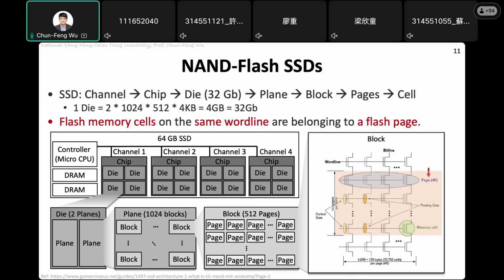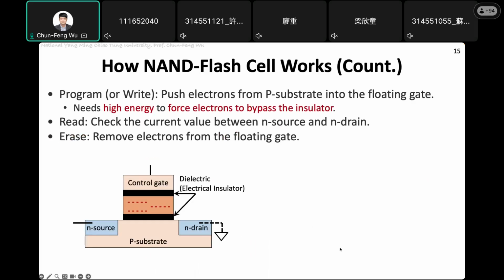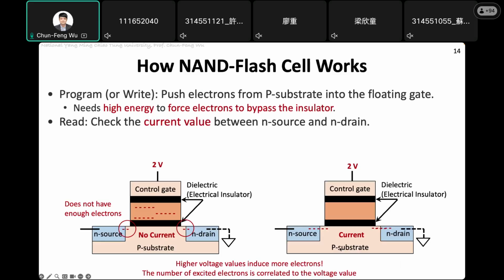It doesn't have a very static mapping. It can be mapped by the device itself. What you only need to differentiate is whether there are electrons inside the floating gate or not. So this is about read and write.